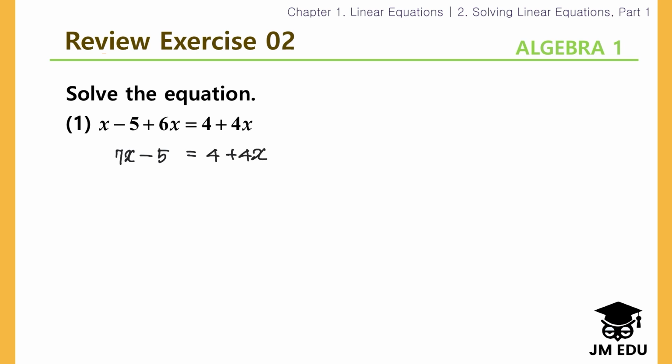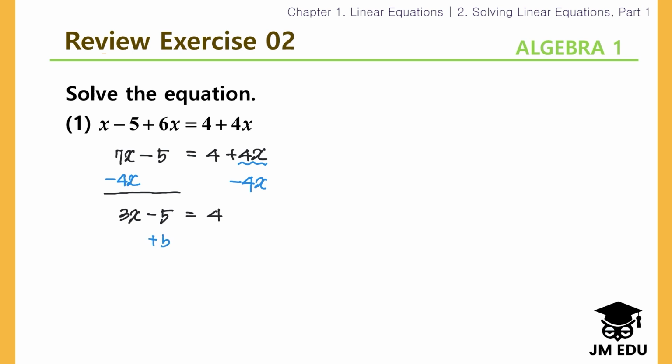Now let's remove 4x on the right side by subtracting 4x. We're going to subtract 4x on the left side too. So on the left hand side, 7x minus 4x, that's 3x, and we have a minus 5 is equal to 4. Now we're going to add 5 to eliminate negative 5 on the left hand side.